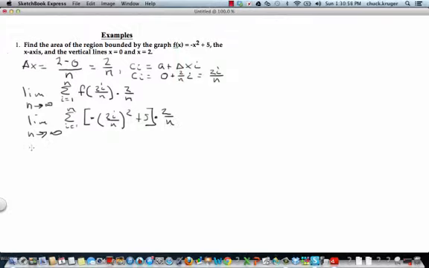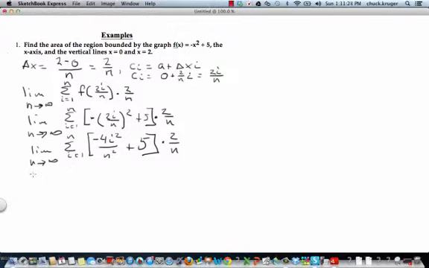And that is equal to the limit as n goes to infinity of the summation of i going from 1 to n, and in this bracket I'm going to have negative 4i squared over n squared plus 5, all times 2 over n.